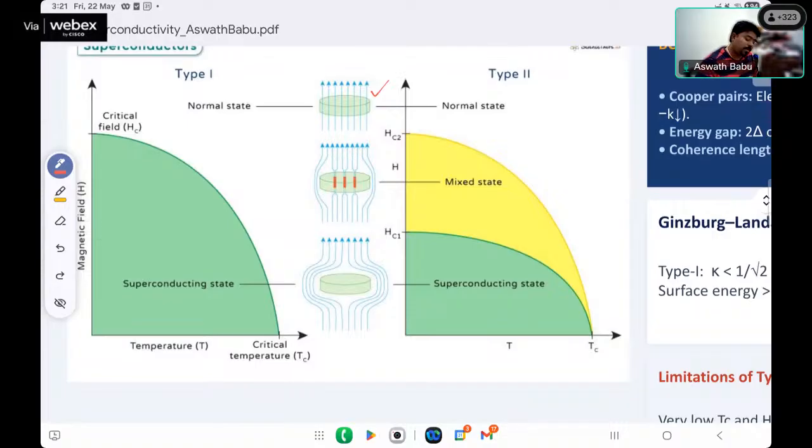In that case, few lines are actually going through. When the entire material becomes less than critical temperature, the entire material will have opposing magnetic field lines. Because of these, the magnetic field would not penetrate and we would see the complete Meissner effect.